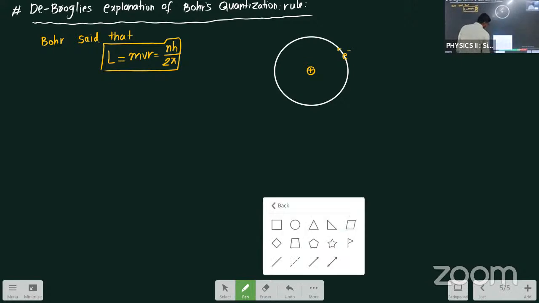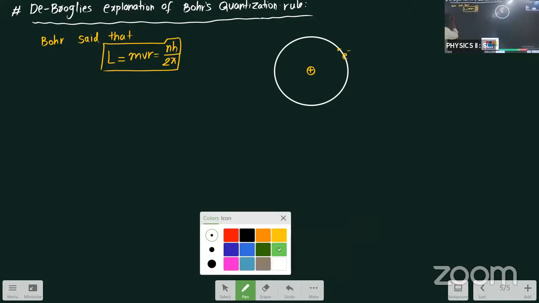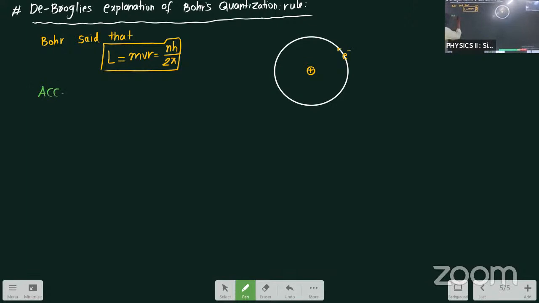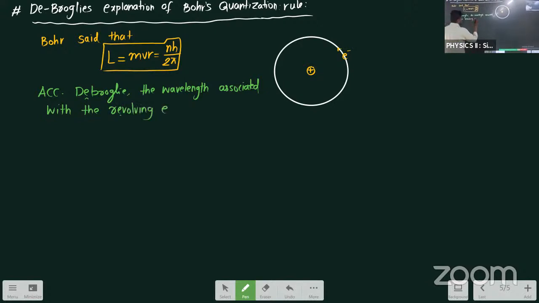According to de Broglie, the wavelength associated with the revolving electron is given as follows.